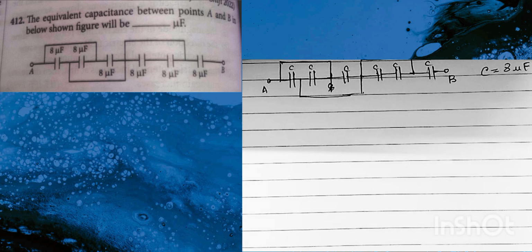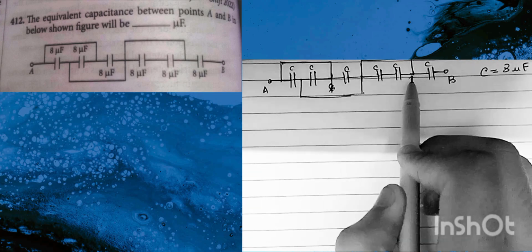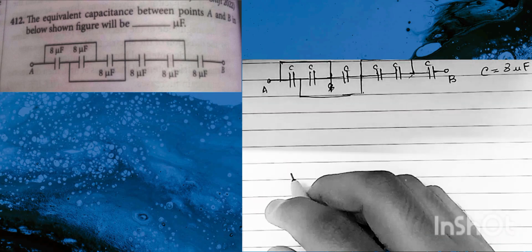Now, none of these capacitors can be directly seen connected in series or parallel. So we will have to use the potential dot method to find the equivalent capacitance of this circuit. So we're going to write the potential at each of these nodes, and I'm going to draw the simplified equivalent circuit.